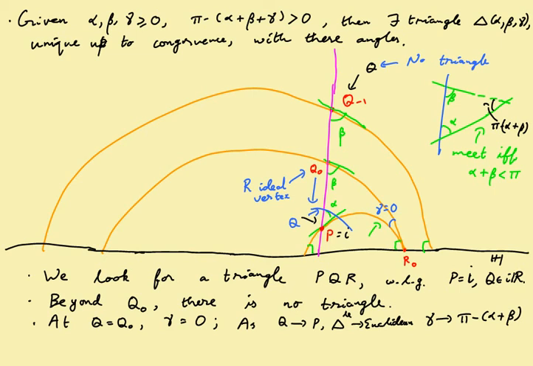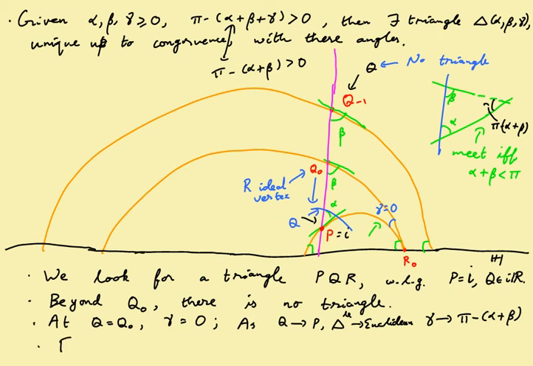So gamma starts off with 0 at Q0, and as you approach here, it hits the Euclidean situation. Incidentally, this can be written as pi minus alpha plus beta being strictly greater than 0. And then we also have, of course, gamma. So this is supposed to be gamma. As Q approaches P, gamma approaches pi minus alpha plus beta, which is the corresponding Euclidean angle.